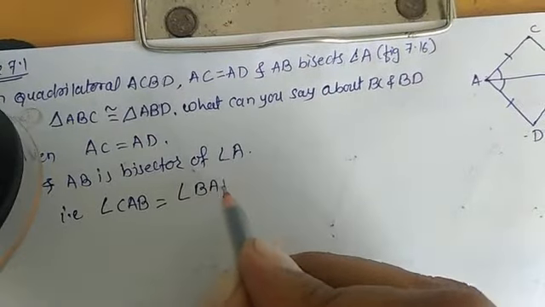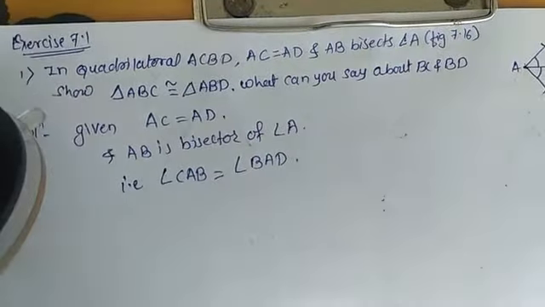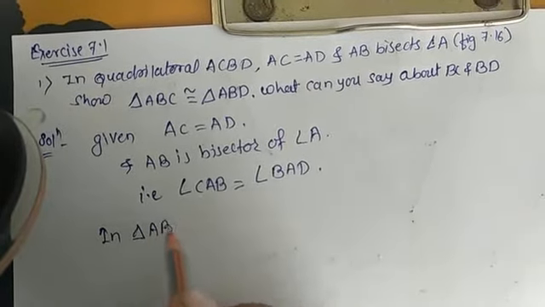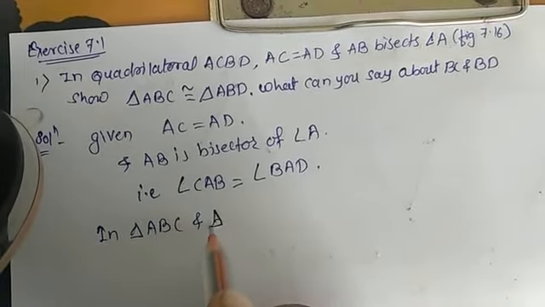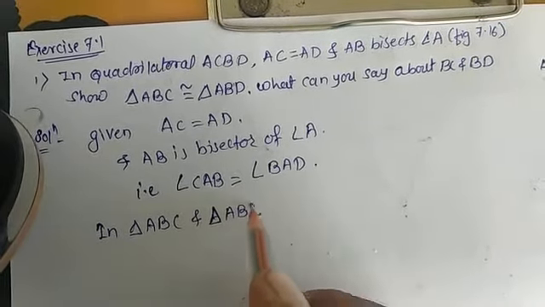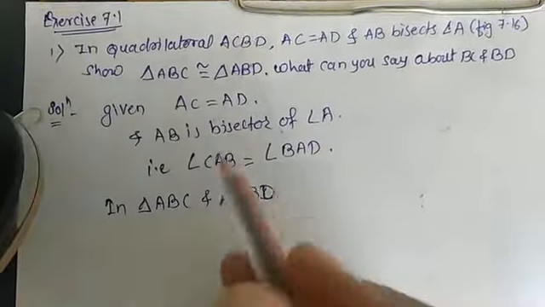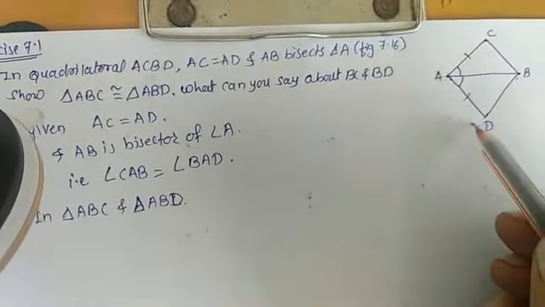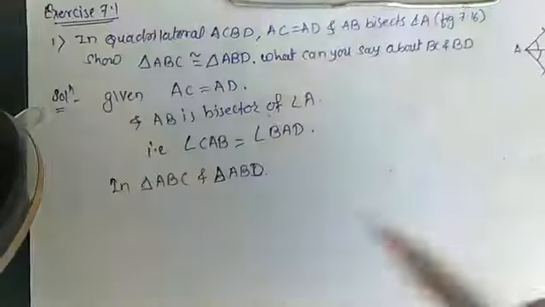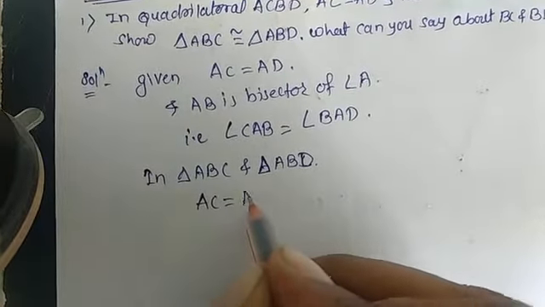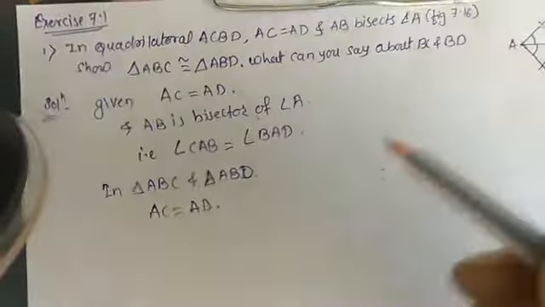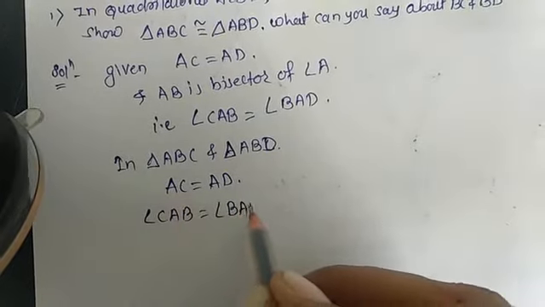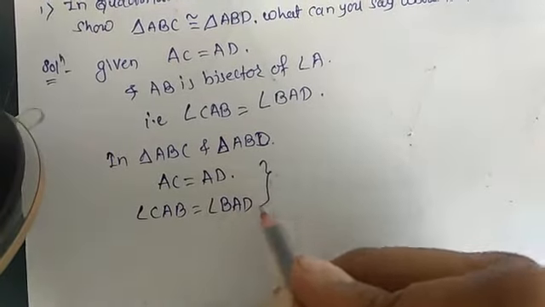Now consider triangles ABC and ABD. In that it is given that AC is equal to AD, and angle CAB is equal to angle BAD, because AB is an angle bisector, so it is a given part.